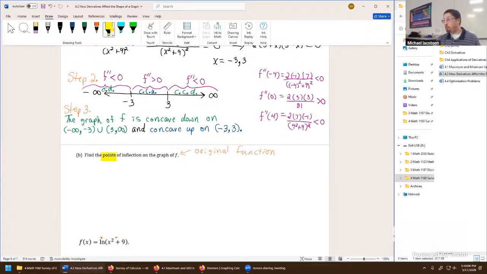Also, these are bona fide points. There's going to be an x coordinate and a y coordinate. We have to supply both. That's easier to spot in WebAssign because it just gives you a spot for both an x coordinate and a y coordinate.